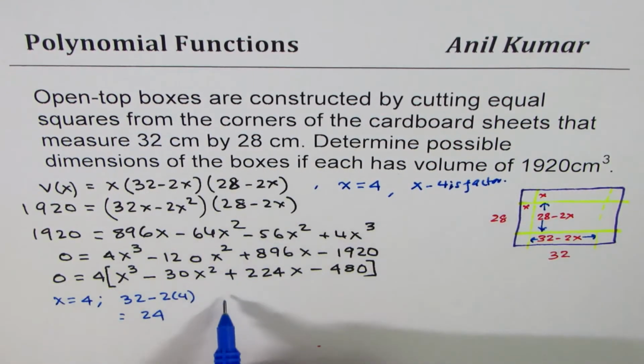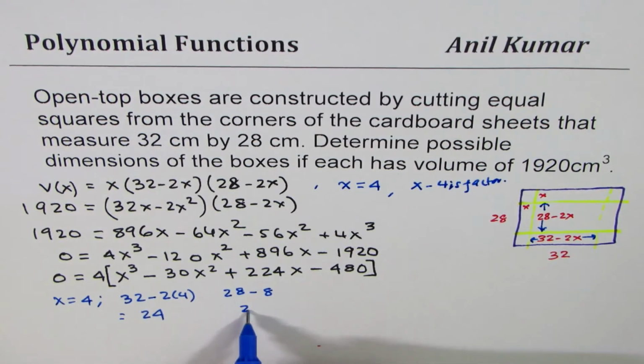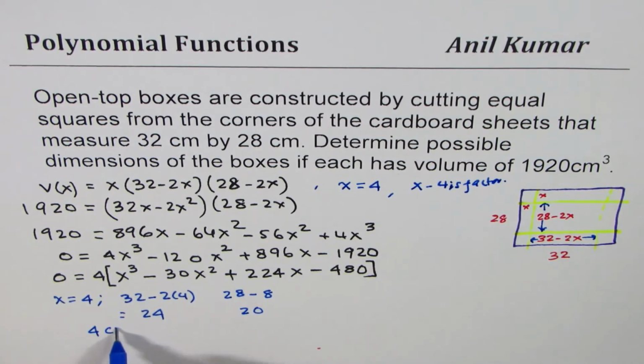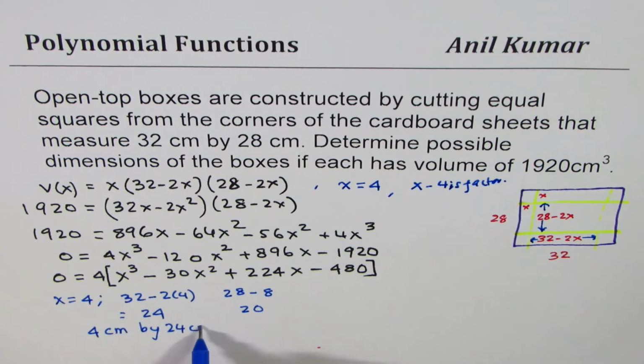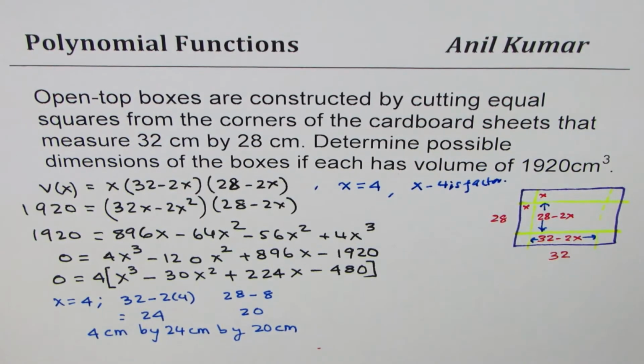And then we have 28 minus 8, which is 20, correct? So the dimensions could be 4 centimeter by 24 centimeter by 20 centimeter. So this is definitely one set.